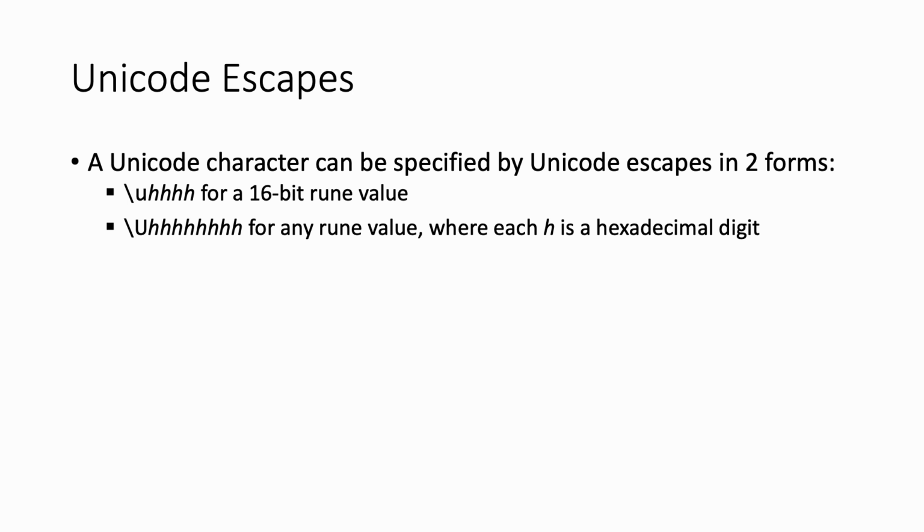Many Unicode characters are hard to type on a keyboard or to distinguish visually. Unicode escapes in Go string literals allow us to specify those Unicode characters by their numeric code point value. A Unicode character can be specified by Unicode escapes in 2 forms.